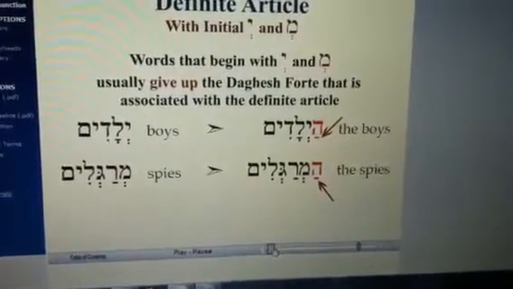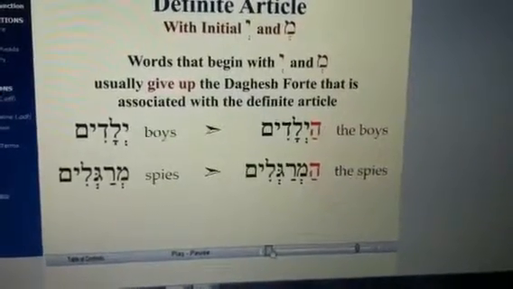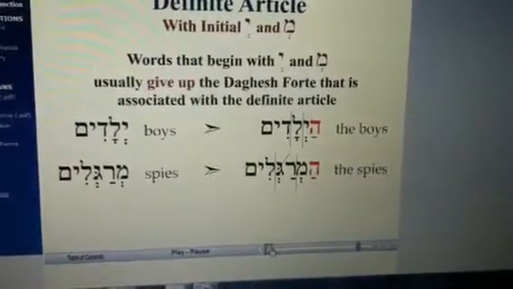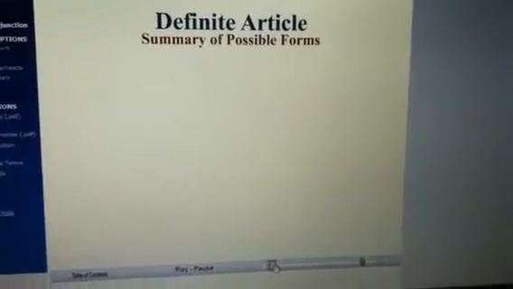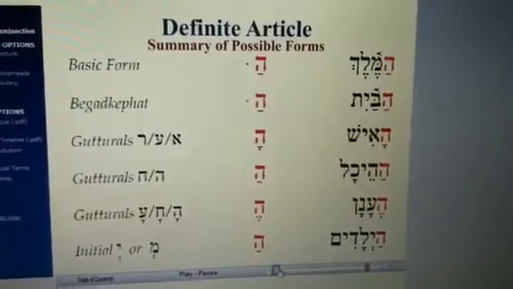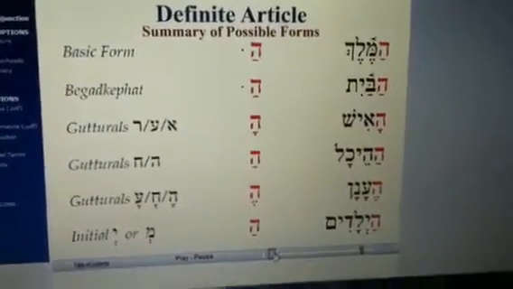This is similar to the issue of virtual doubling with gutturals mentioned above. Notice that with the loss of the dagesh forte, each word loses a syllable. For a very helpful summary of the possible spellings of the definite article, study handout 5F and section 5.6 in the grammar.